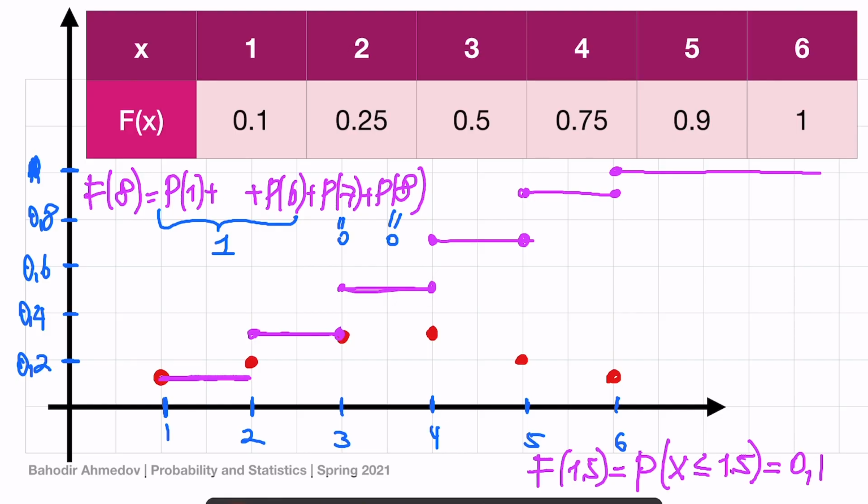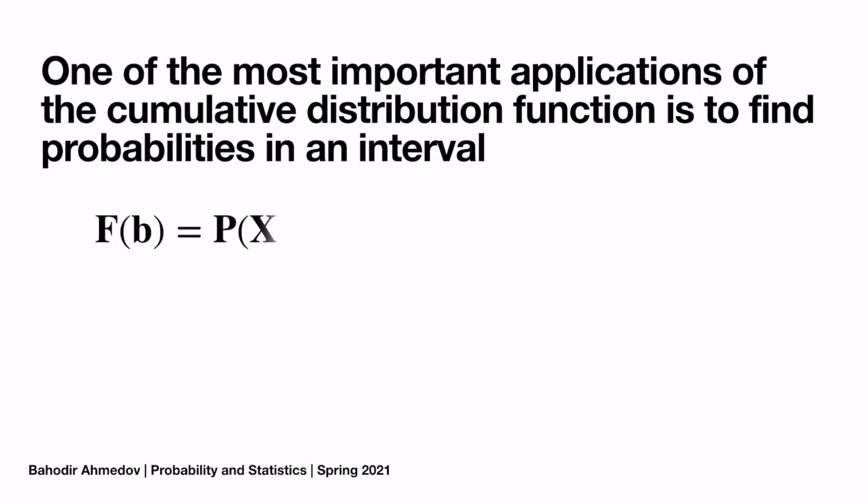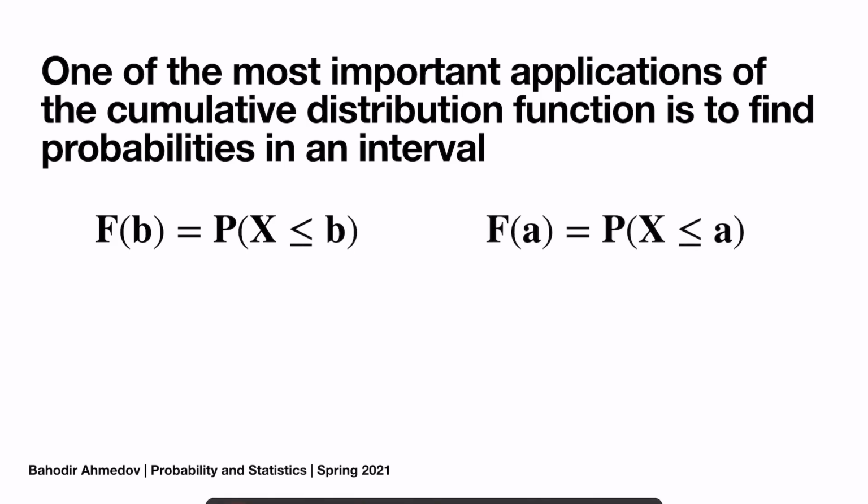Okay. So another reason why we need to learn about the cumulative distribution function is that it allows us to find the probabilities in the intervals without knowing the probability mass function. Okay, so let me write down F of b. So F of b is the probability that your random variable is smaller than or equal to b. For example, if I say, what is the cumulative probability of 4?